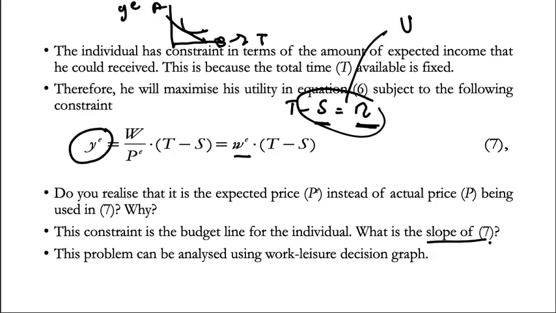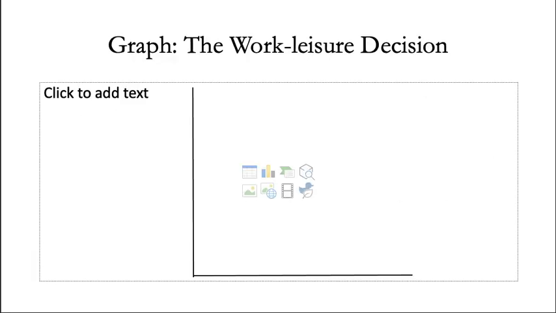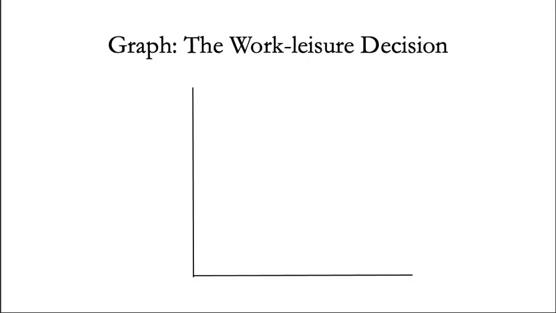So let's say we use this graph. Remember, we want to decide the number of working hours and also leisure hours and also income here in the form of graph that could maximize this person's utility. And you know that utility is a function of leisure and also expected income, isn't it?